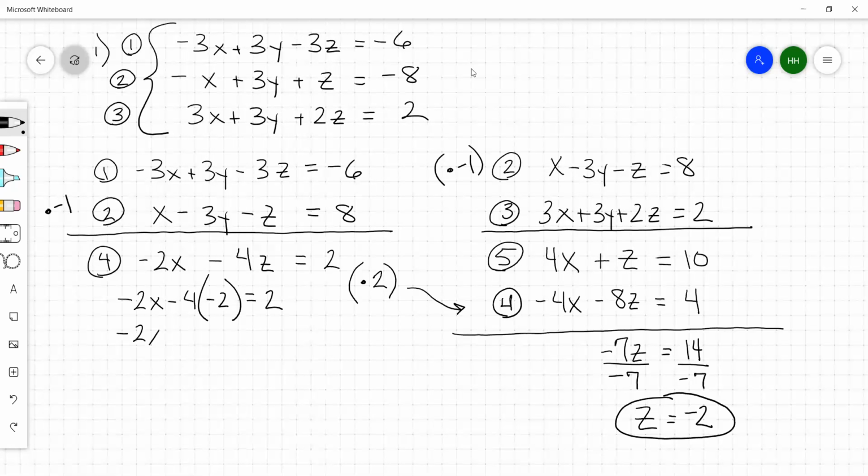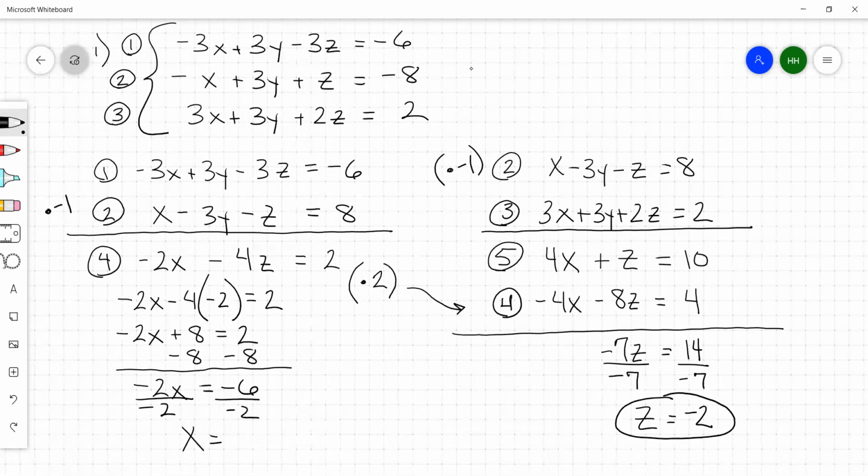So negative 4 times negative 2 in here is a plus 8 equals 2. Subtract 8. Negative 2x equals negative 6, and divide by negative 2. So our x equals 3.